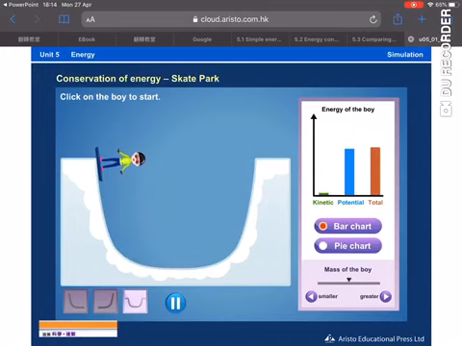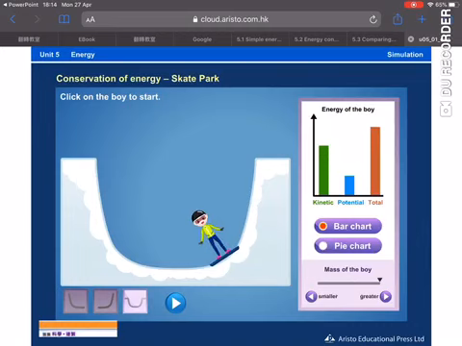At the very top, he would have the full potential energy. When he reaches the bottom, he would have the full kinetic energy, and so on. If we change the mass, it will just increase that person's kinetic energy or potential energy.